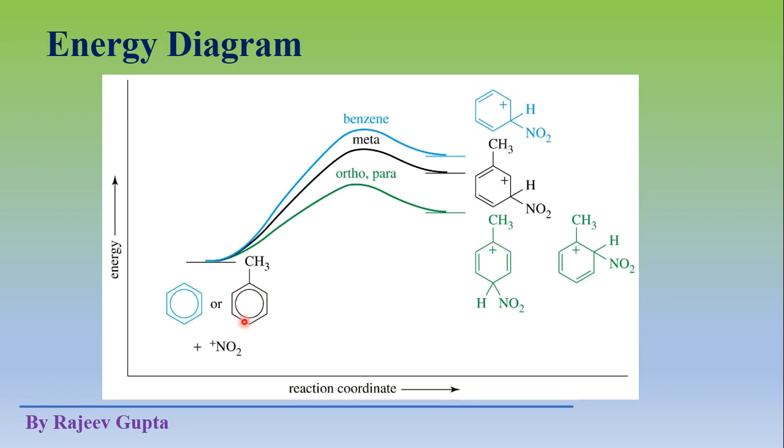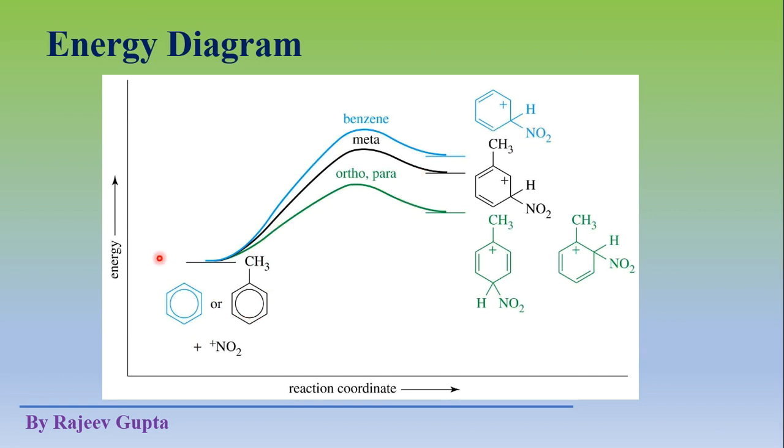So these electrons are easily available to donate to the electrophile, but they are comparatively less available in benzene. So benzene requires a high amount of energy compared to toluene to shift these pi electrons towards the electrophile.